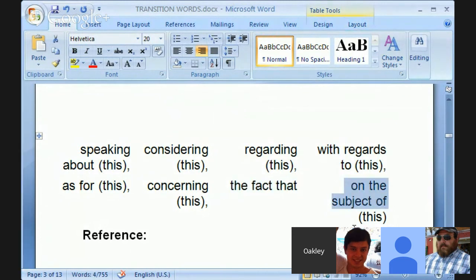On the subject of the merger, I believe that ABC Company will proceed. Very useful in business, and I look at these and I realize when I write business letters, I use these constantly.